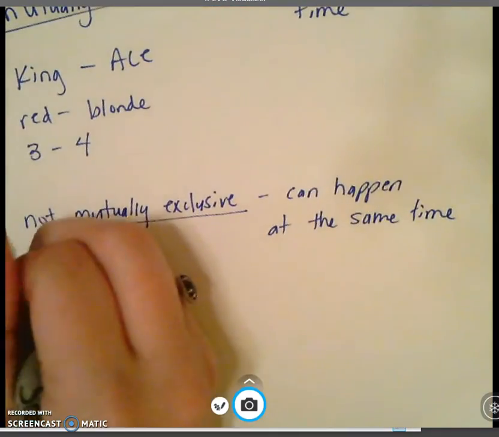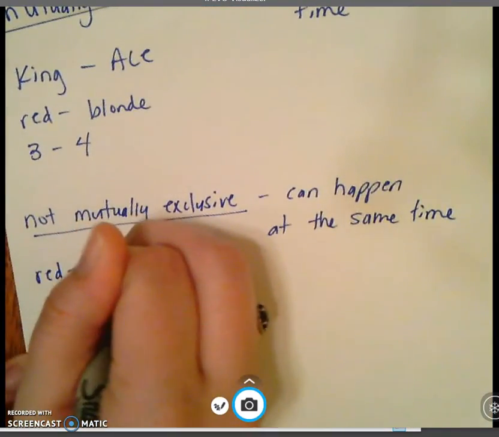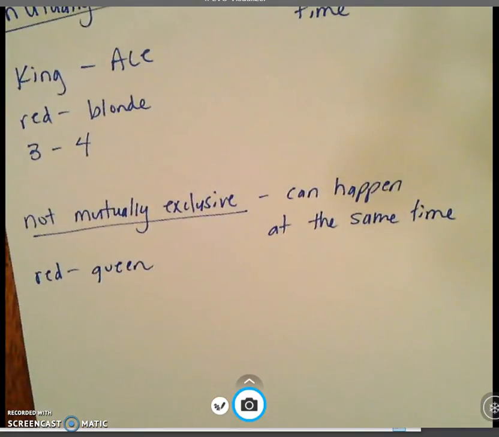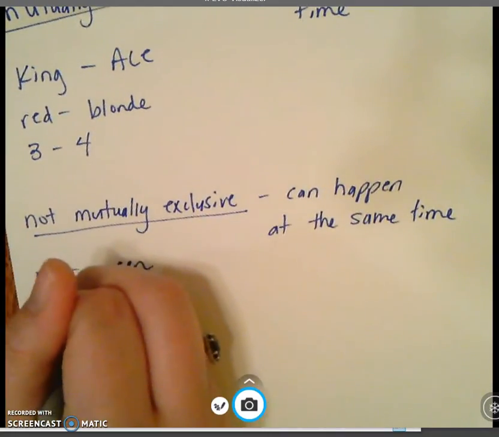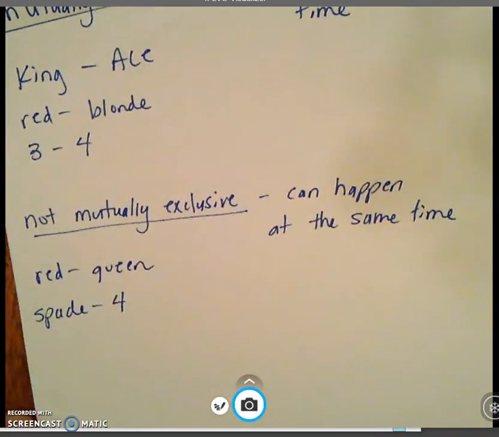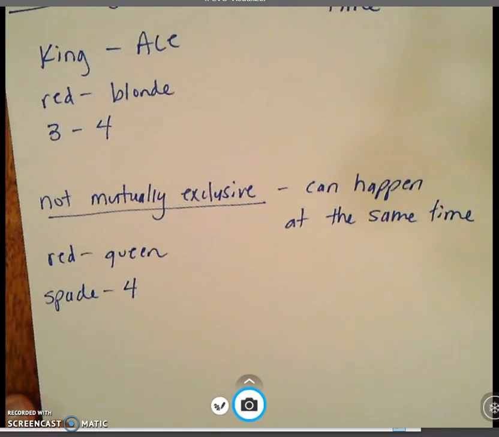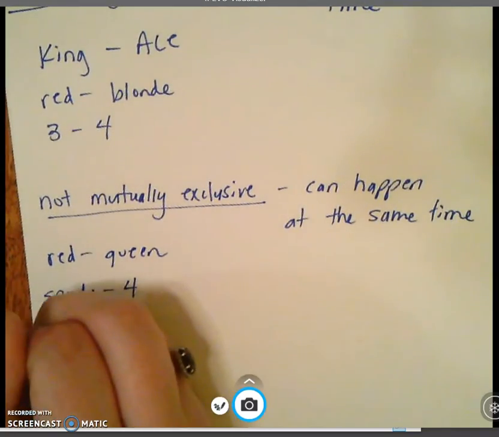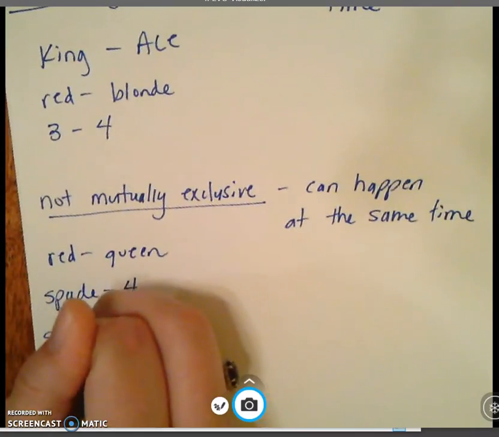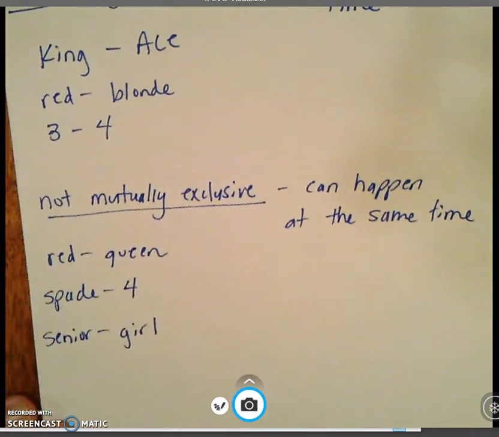For example, you can be a red and a queen at the same time. You can be a spade and a 4 at the same time. You can be a senior and a girl at the same time. Things like that. So these can happen at the same time.